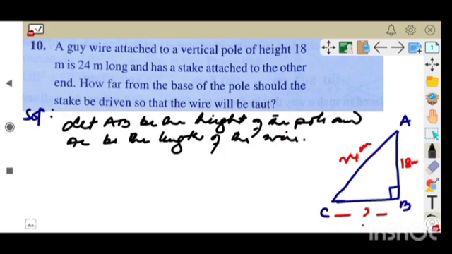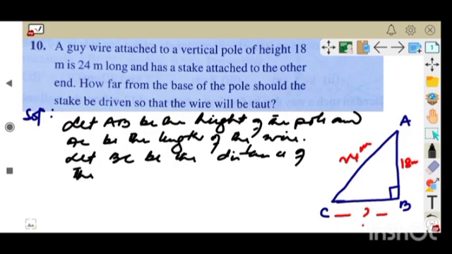And last one, let BC be the distance of the stake from the base of the pole.